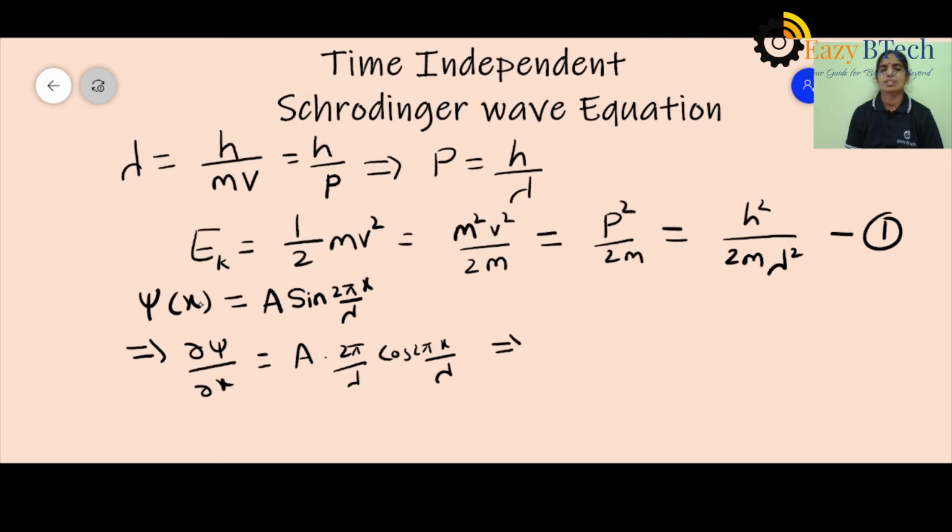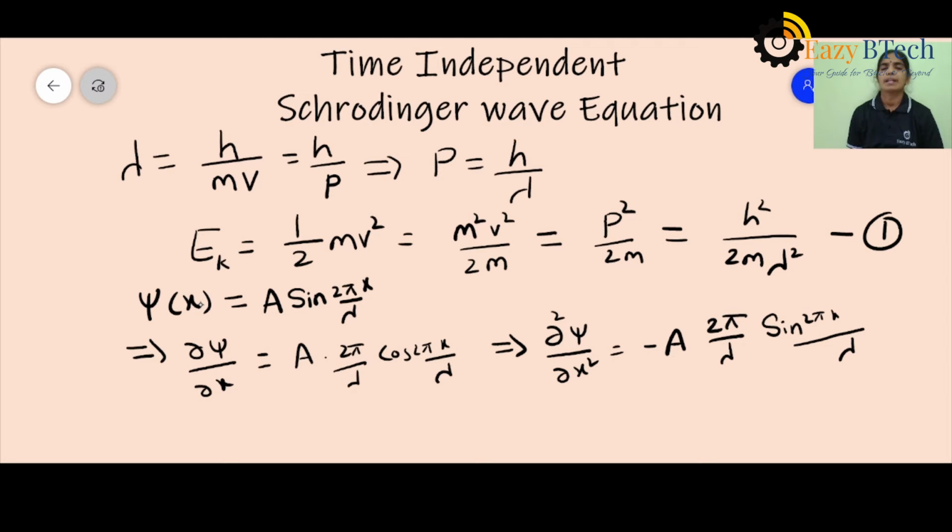Okay, go for the second differentiation. Then how does it reflect? Dou square psi by dou x square equals minus a 2 pi by lambda into sine 2 pi x by lambda.